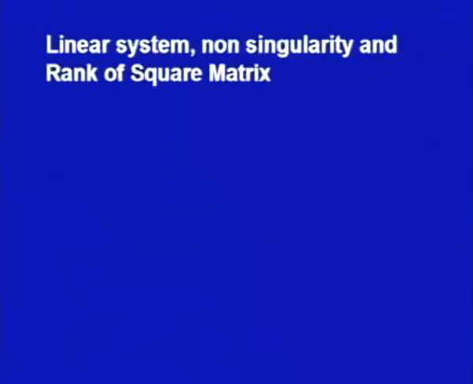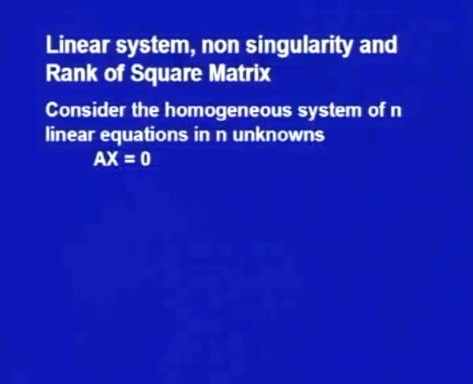Now we will try to relate linear systems, non-singularity and rank of a square matrix. If we consider a homogeneous system of n linear equations in n unknowns, then we can write this system in the form Ax is equal to 0, where A is an n by n matrix and x is a column vector in Rn.